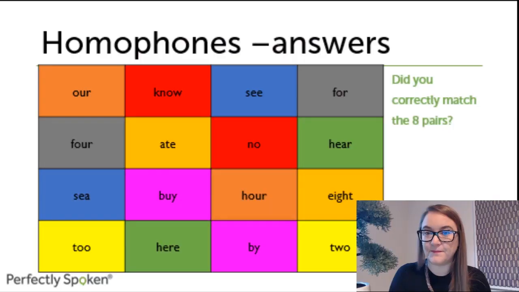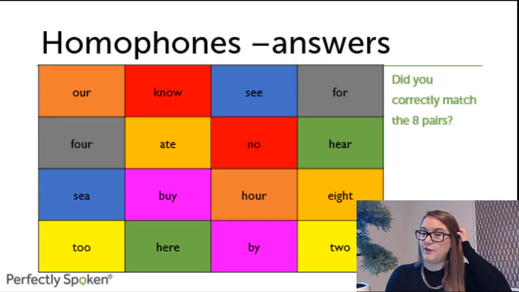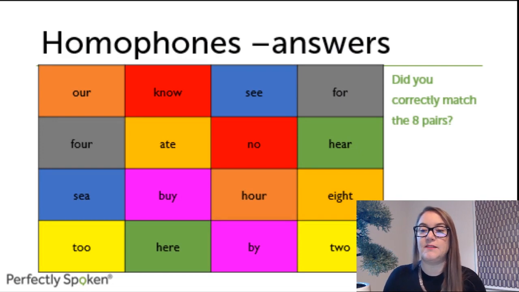Okay, how did you do? Well, let's have a look at the answers. Okay, so you can see the colours, the same colours are the homophone pairs. Our and hour. No and know. See and sea.